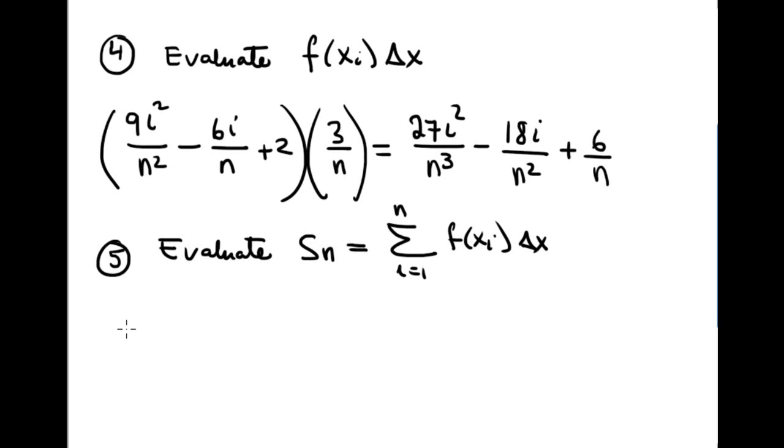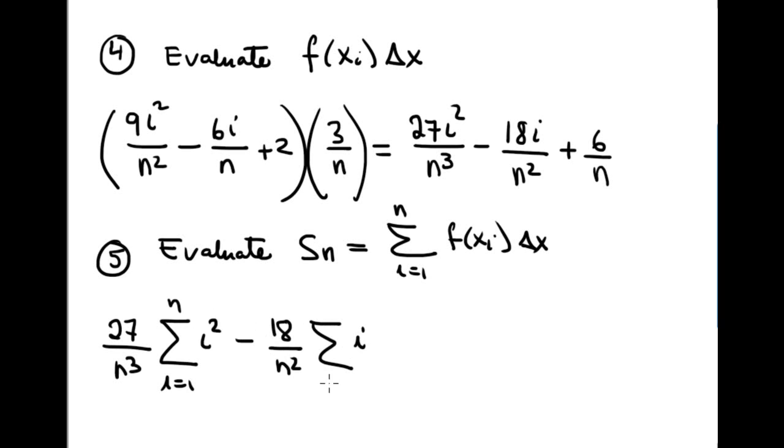Apply the property for the sum: the coefficient, the term not depending on i is constant and goes outside. It is 27 over n cubed summation of i squared from 1 to n, minus 18 over n squared, again summation of i from 1 to n, plus 6 over n summation from 1 to n of 1.